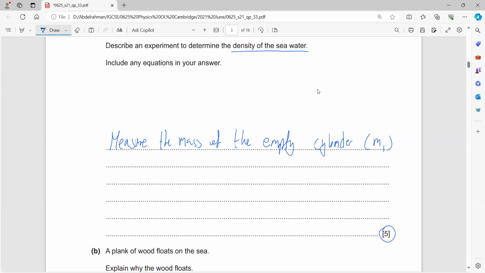Be careful, guys, in this question I'm finding the density of a liquid, so I can't find the mass of the liquid alone. I will have to find the mass of the liquid with the cylinder.